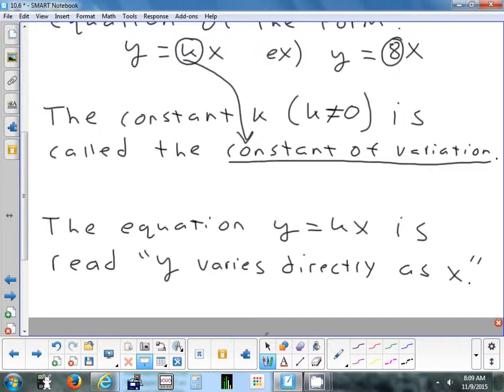I think it would make more sense if you said y varies directly with x. To me, that makes a little more sense. I'll even put that in parentheses. But you might see that sentence in our book, and you'll probably see it on the test. Y varies directly as x. It just means we're doing a direct variation problem.